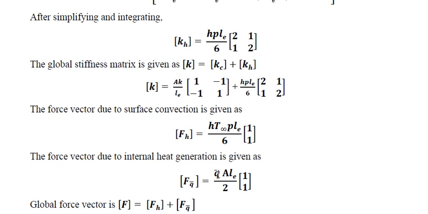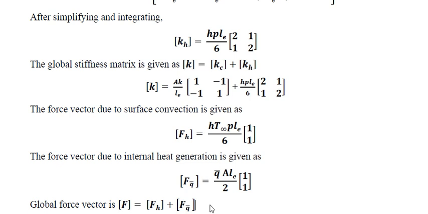Internal heat generation heat flux value will be the same from the first node to the second node. That is why it is 1, 1. The global force vector is the force vector due to surface convection plus the force vector due to internal heat generation.